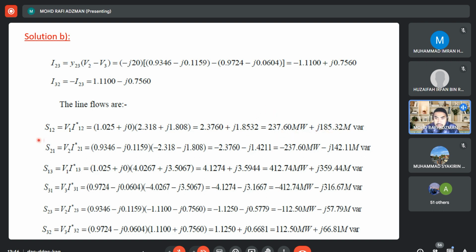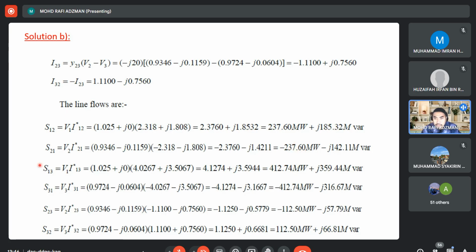Okay, continue with S21. S21 is equal to V2 times I21, because you have the line between bus 1 and bus 2, and from bus 2 use I21. You get the value in per unit, then convert into actual value.